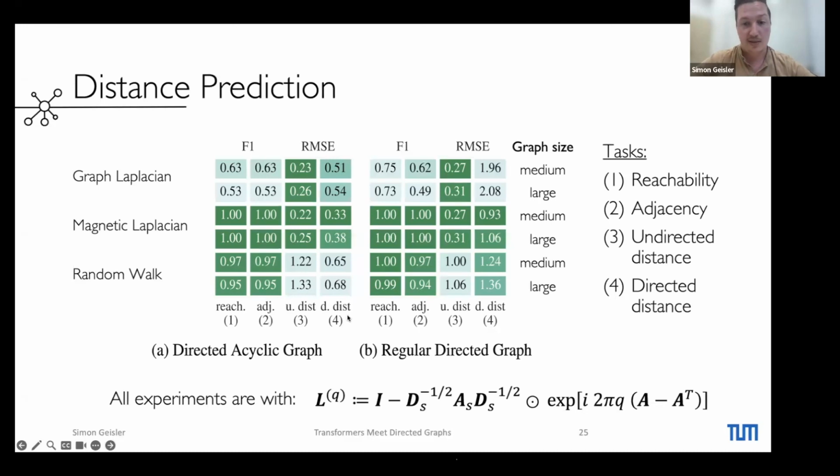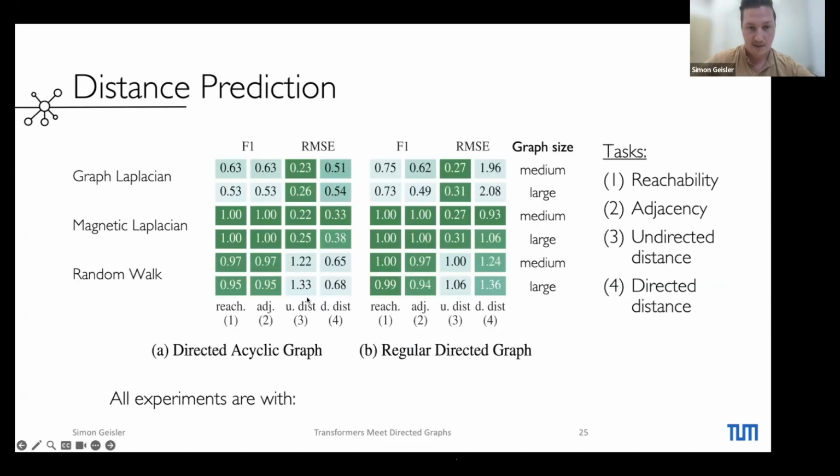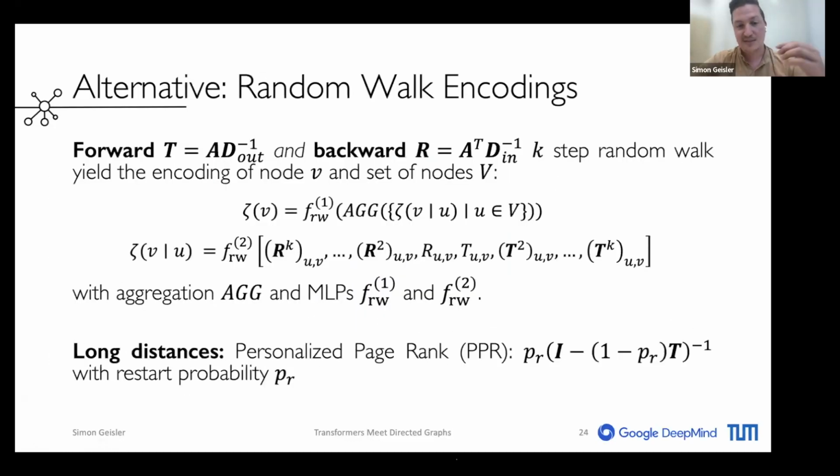For the distance, of course, this is a little bit more tricky. Another reason, which I will quickly go back to, why this doesn't work that well for the undirected distance is also how we constructed the directed walk. We just include the forward direction and the backward direction. And I assume if you want to also be good on undirected distances, then you should also include the undirected random walk encoding.